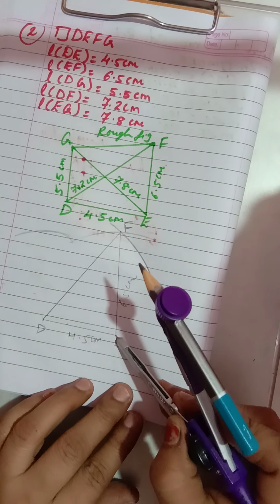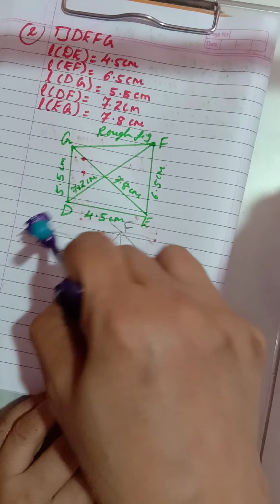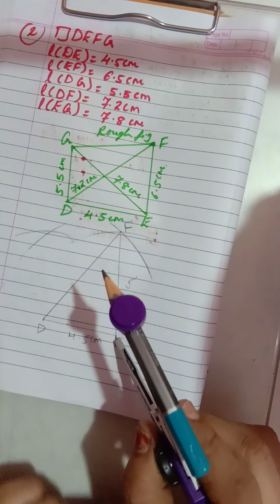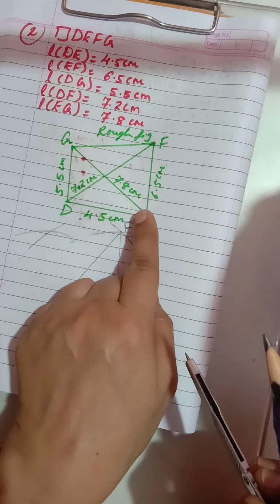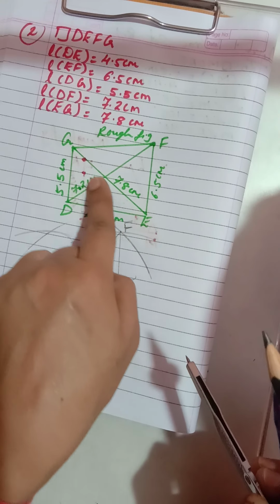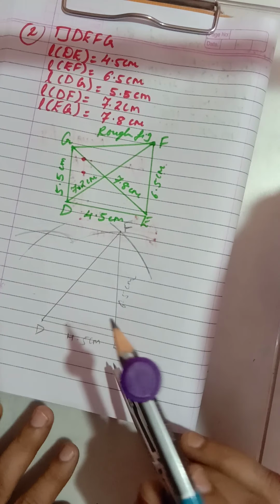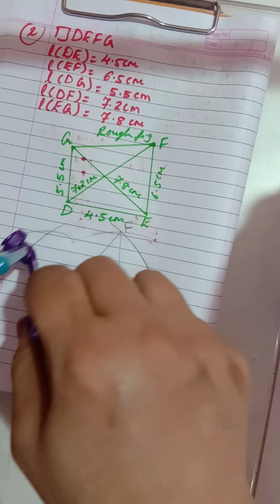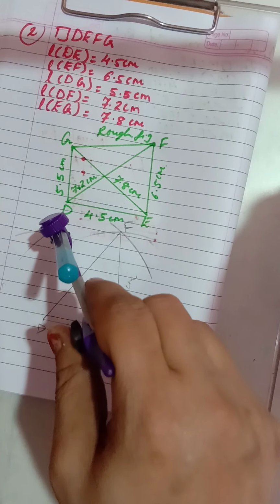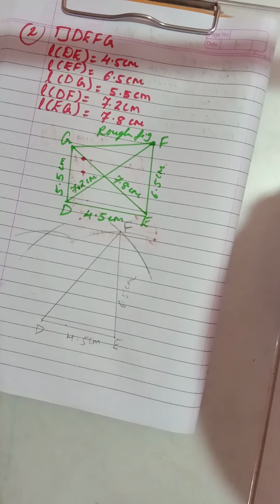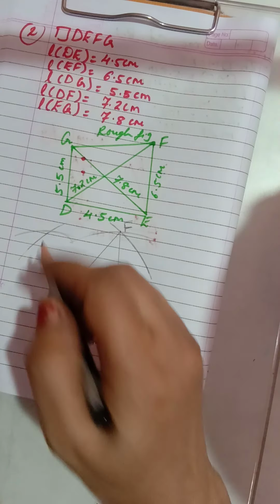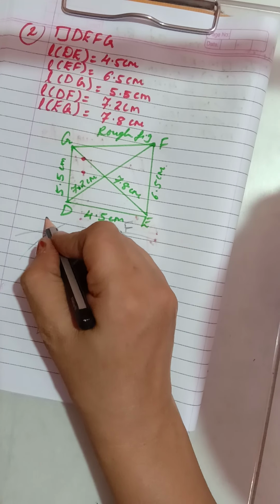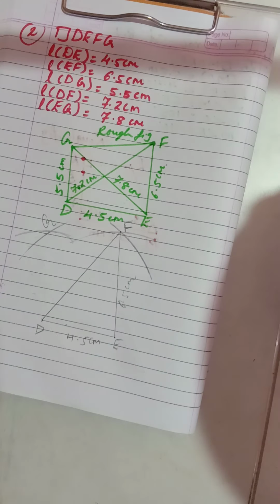Keep the end point of the rounder at E, because the 7.8 is given from E, and mark another arc which will intersect the previous arc. You can see the intersection. The point where both the arcs meet is nothing but your point G.